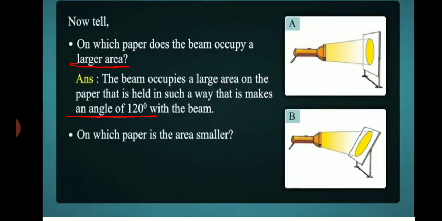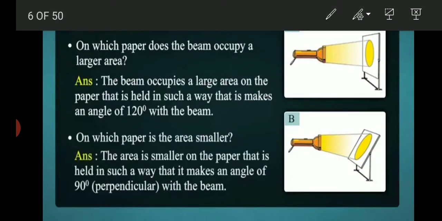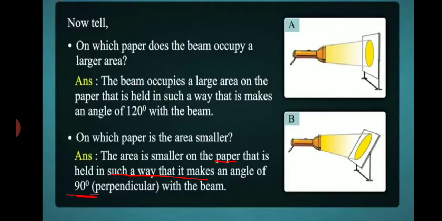Now the second question, on which paper is the area smaller? The area is smaller on the paper that is held in such a way that it makes an angle of 90 degrees, that is, perpendicular with the beam.